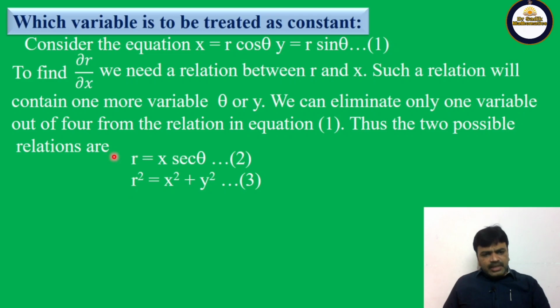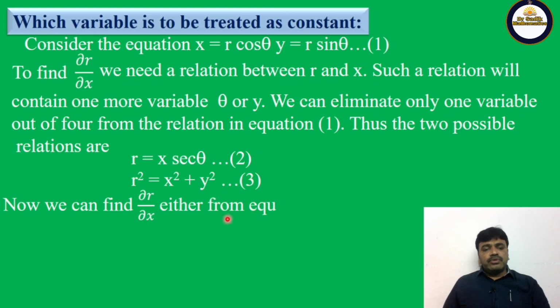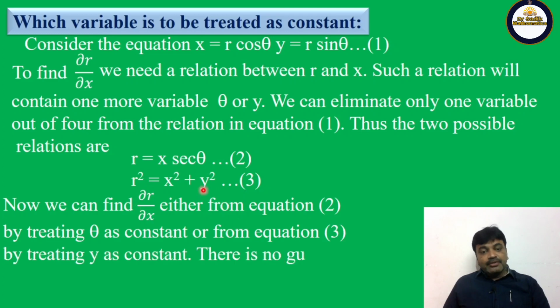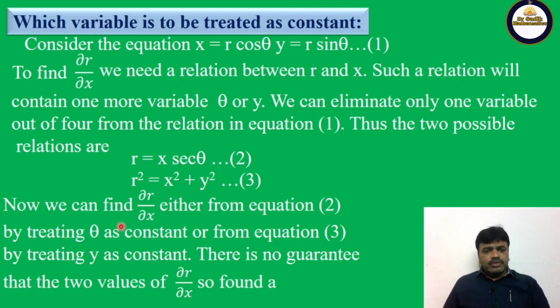In both cases we can find ∂r/∂x. We can find ∂r/∂x either from equation 2, by treating theta as constant, or from equation 3, treating y as constant.